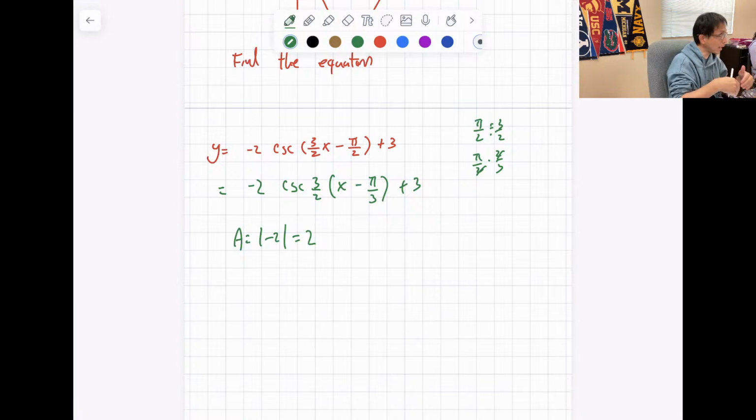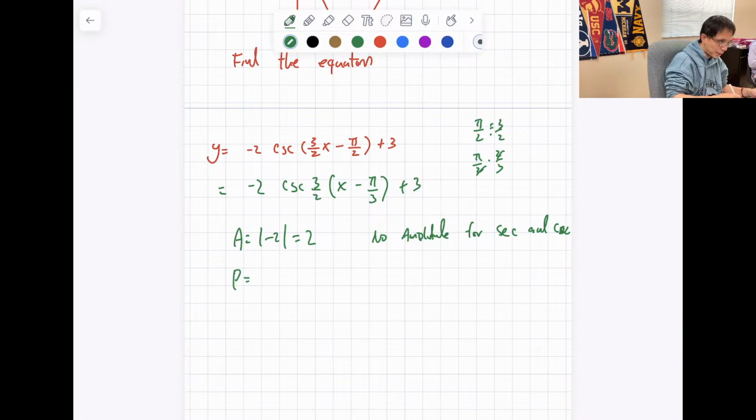So right now I'm going to put down 2, but you have to recognize that cosecant and secant do not have amplitude, because amplitude is the distance from the midline to the peak or trough. You might want to write this down in your notes: no amplitude for secant and cosecant. I'm going to use it for now, but that doesn't mean there's amplitude.